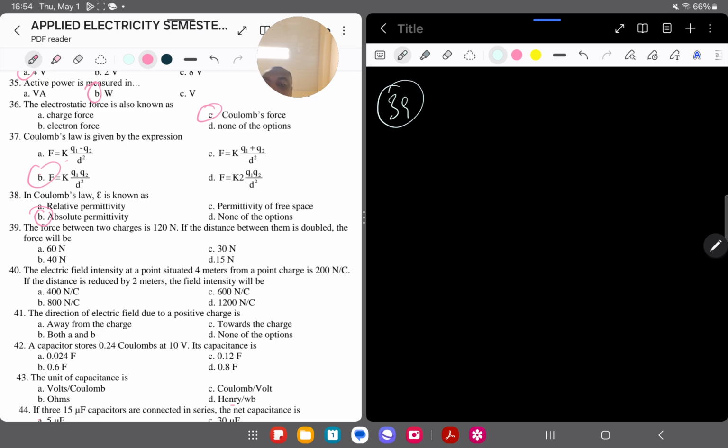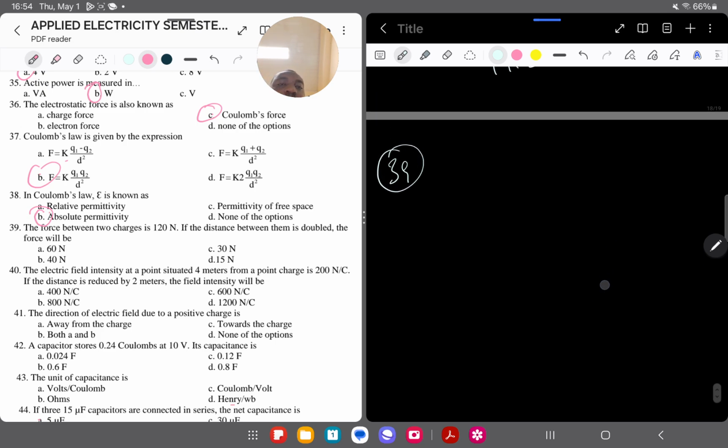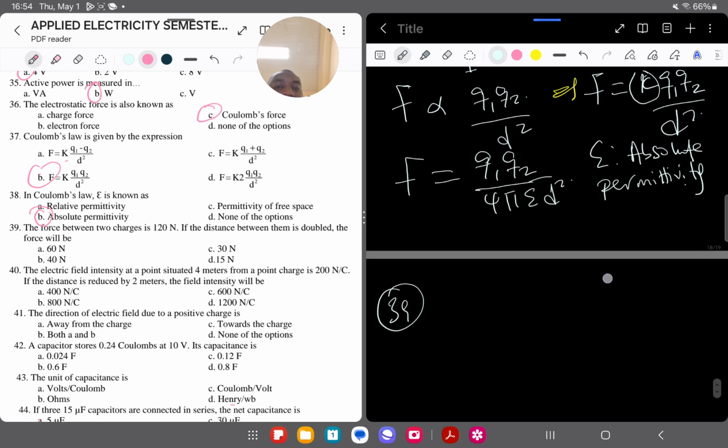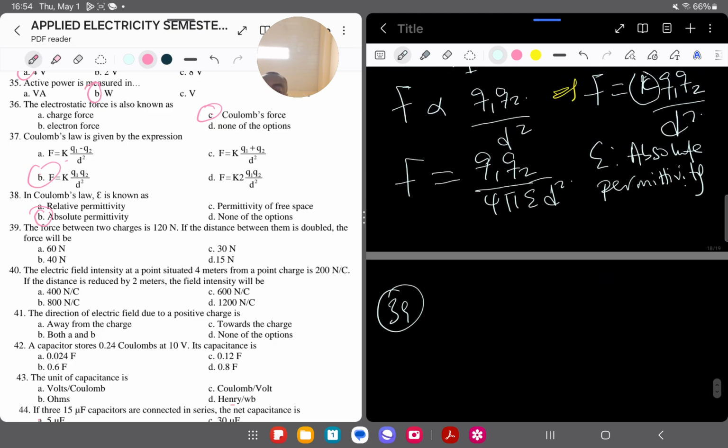From the formula I just wrote earlier, you can see that force, because here we are talking about two charges, so it's the same formula. You can see the force here is what? Inversely proportional to the what? The distance between the charges, right? Distance between the charges.